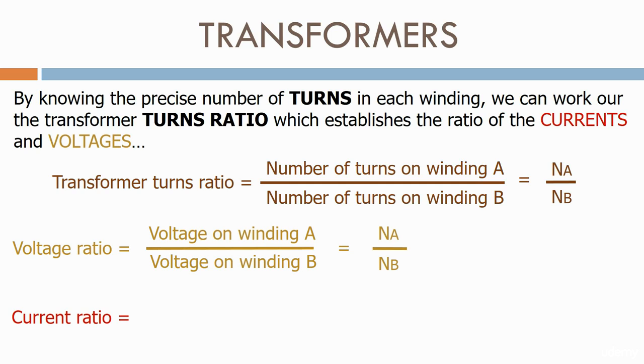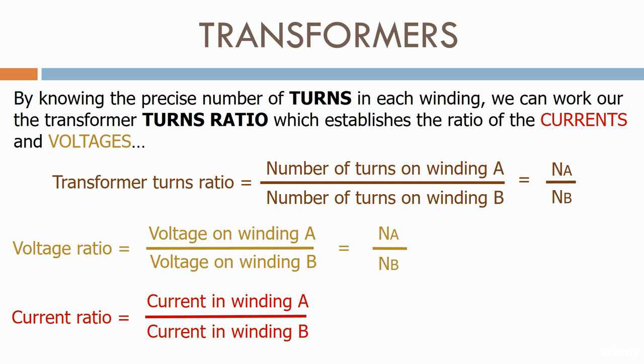The current ratio equals the current in winding A divided by the current in winding B, equals the inverse of the transformer turns ratio, NB over NA.